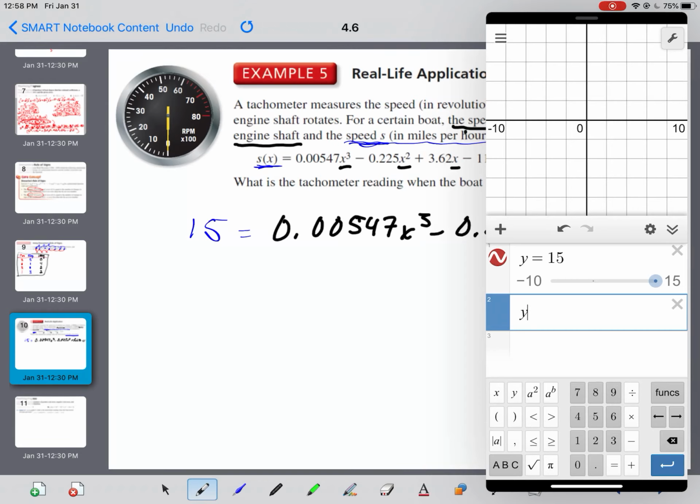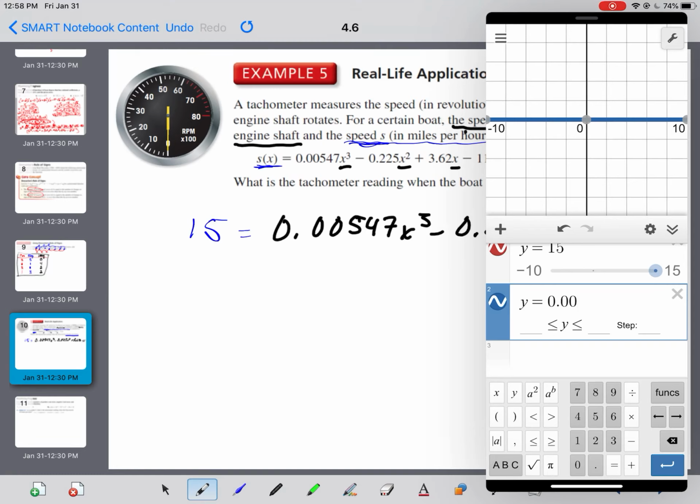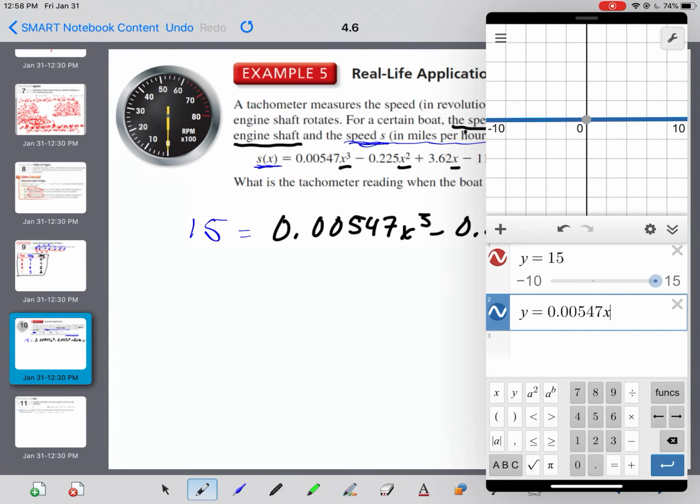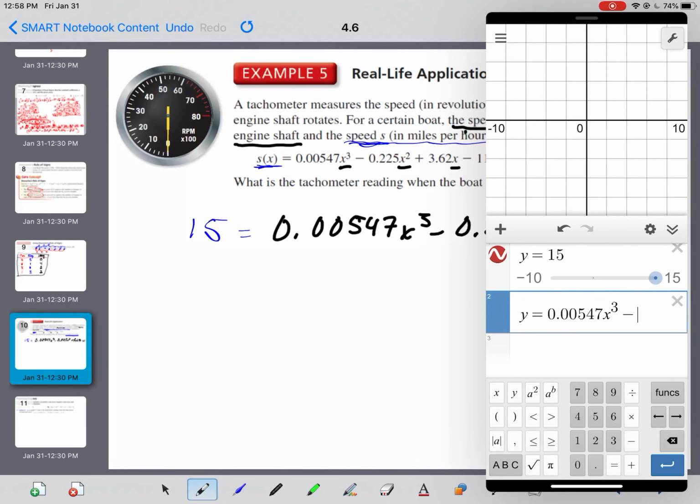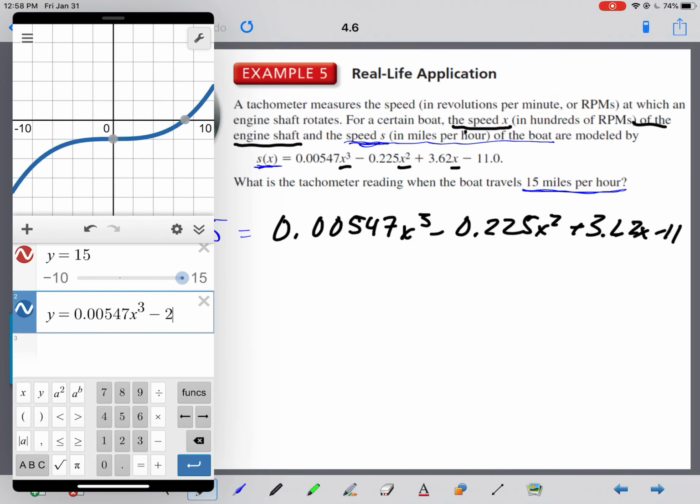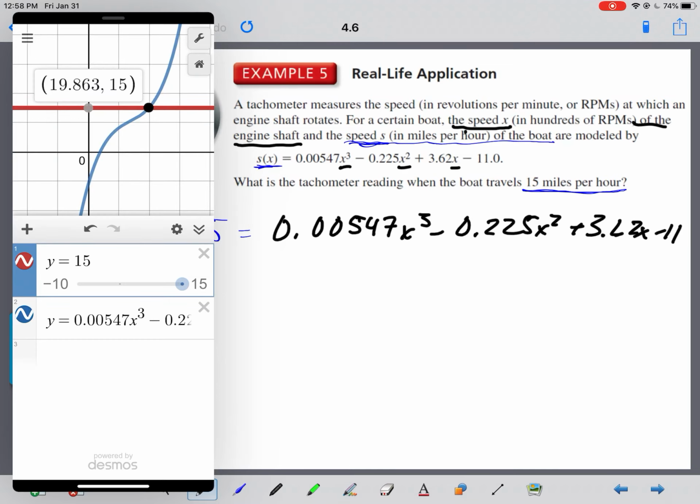And then we're going to say y equals 0.00547 x to the third minus 0.225 x squared plus 3.62x minus 11. And what we have to do is look for where they touch.